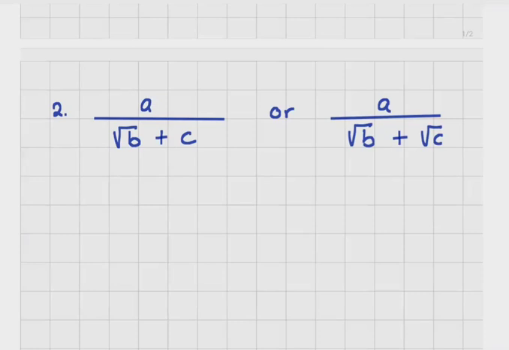In the denominator, we strictly have 2 terms. And in those 2 terms, both of them could be surds, or maybe just one of them is a surd. So we could say at least one of the terms in the denominator is a surd.